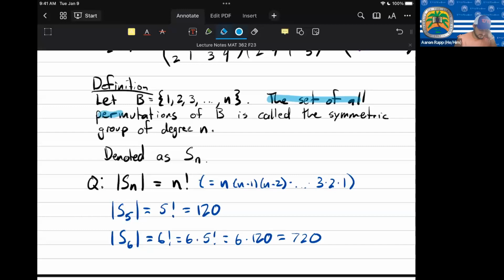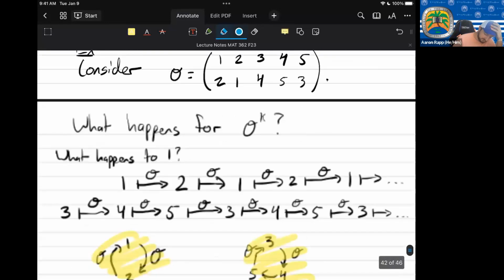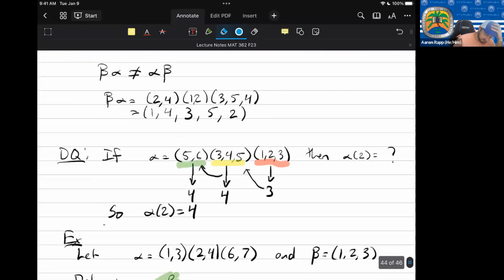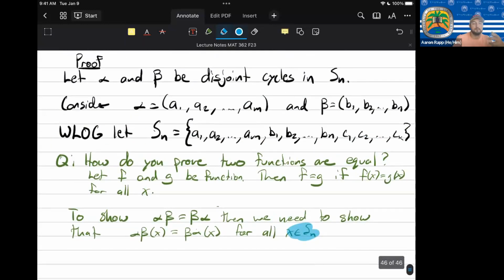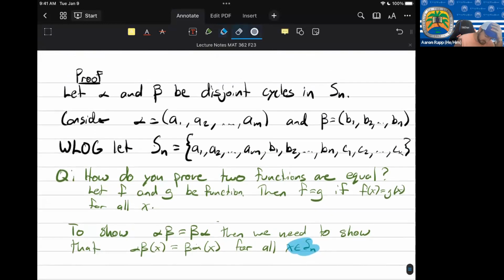Yeah, so Sn is the set of permutations on a set with n elements, right? And when I go back to my proof, that means what am I passing as inputs to these permutations? I'm not passing other permutations. I'm passing numbers.